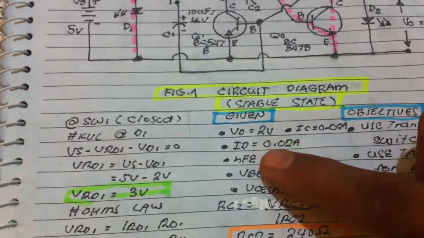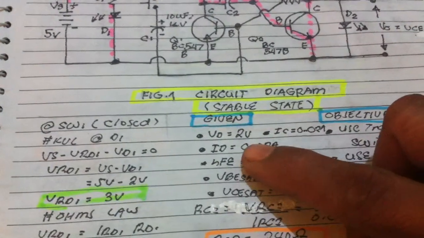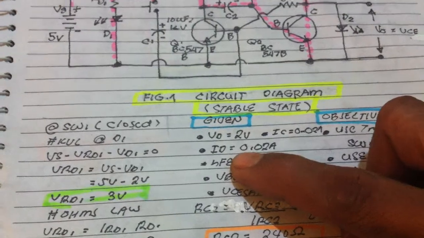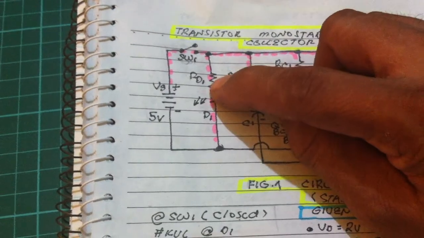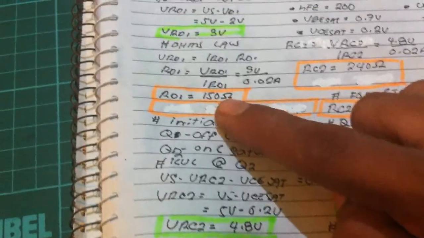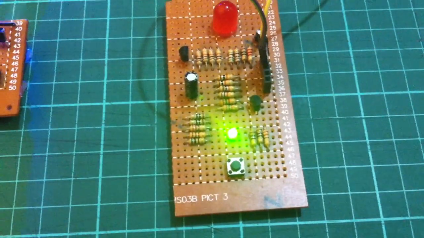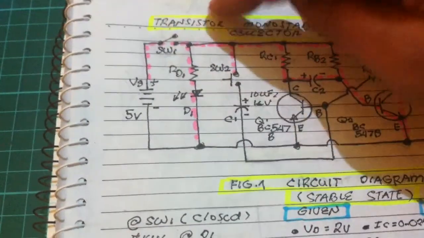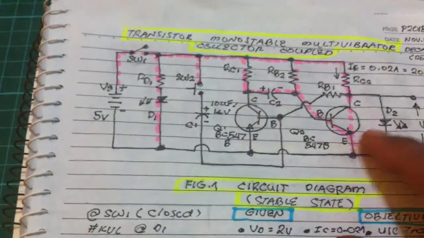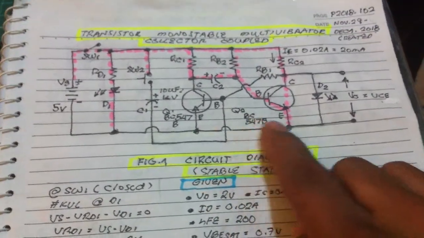That is given in the data sheet of the LED. The voltage rating and the current rating of the LED are given in the data sheet. In order to turn on the LED, we need that value of current, 0.02. So we get now 150 ohms. So we know the value of the resistor here is 150 ohms. And now the LED here is lit up. Also, pushing the switch makes this circuit act in a stable state, the transistor here.